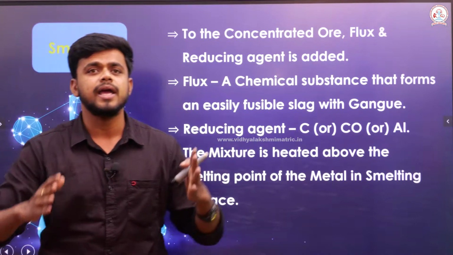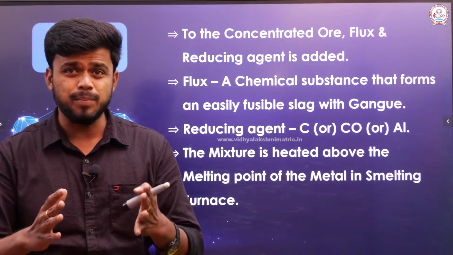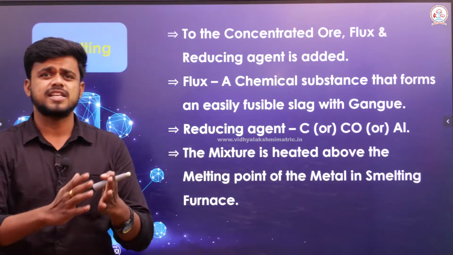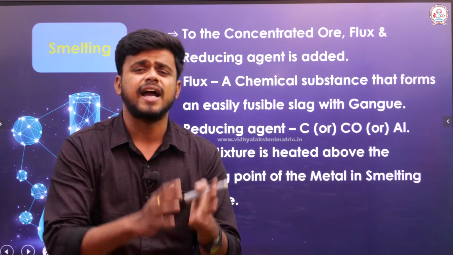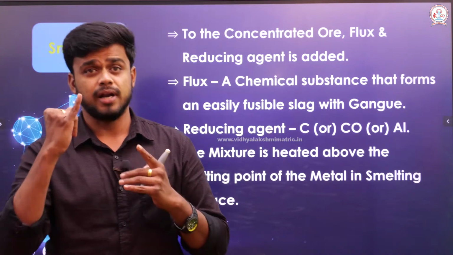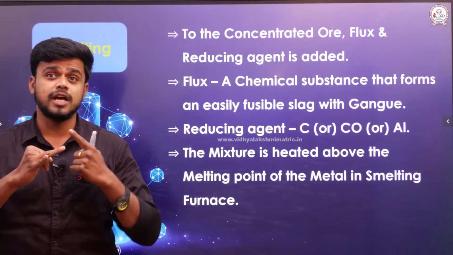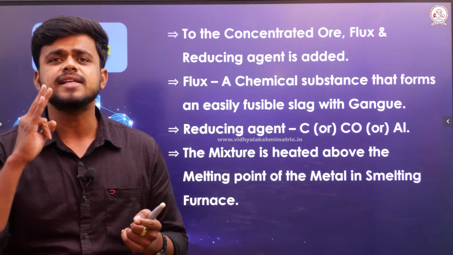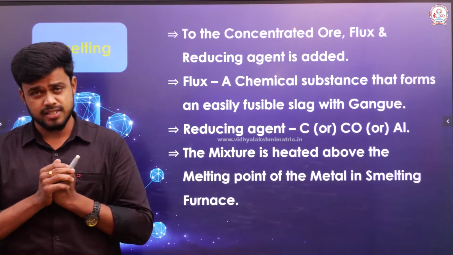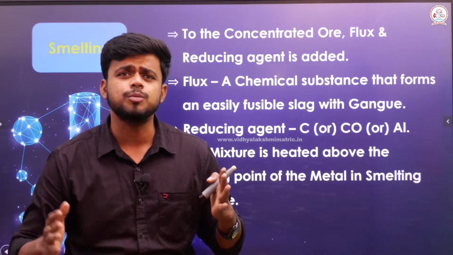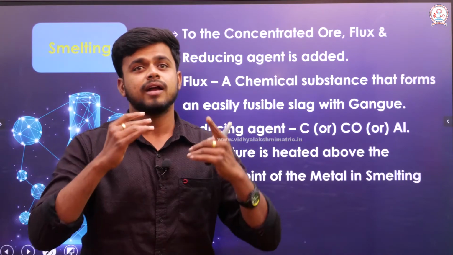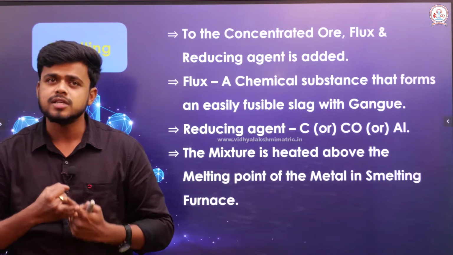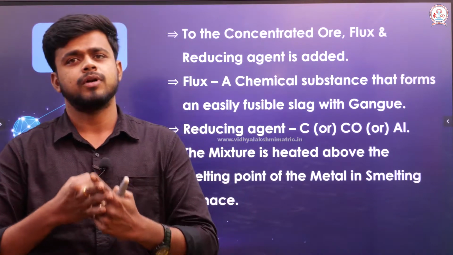Thereby I am able to separate the impurity, which exists in the form of gangue, as a slag. To the concentrated ore, I told that we will be adding flux. Along with it, you must add a reducing agent. The reducing agent that you could probably use is carbon, carbon monoxide, or aluminium.